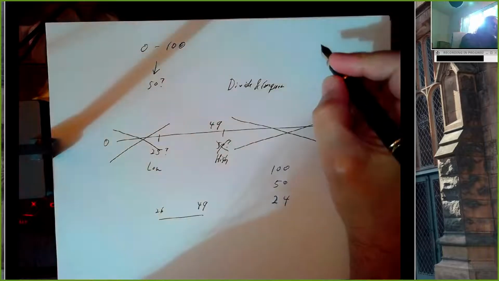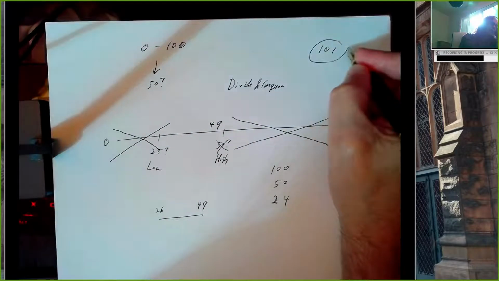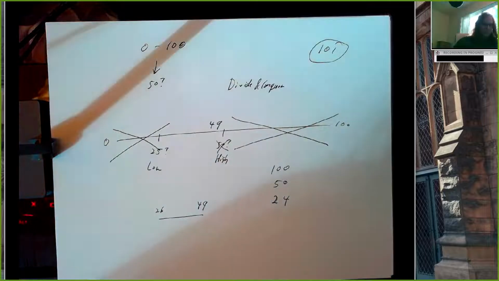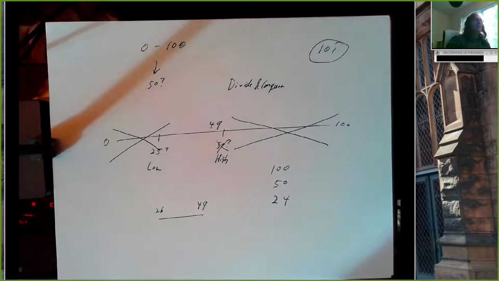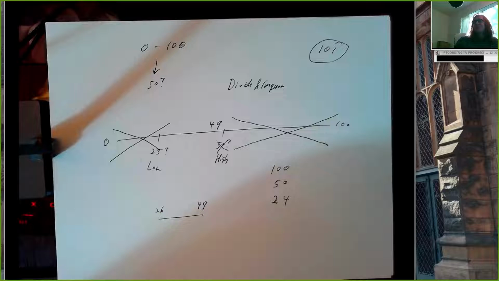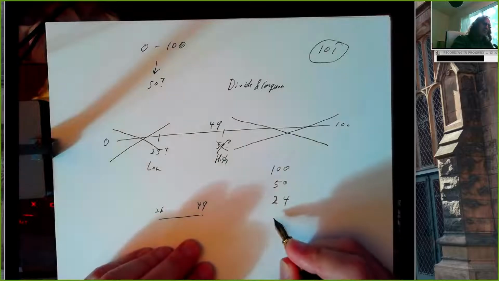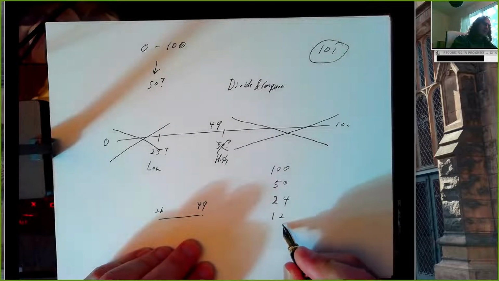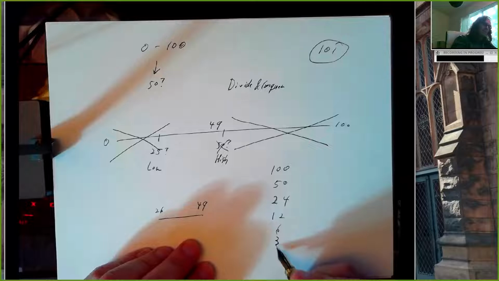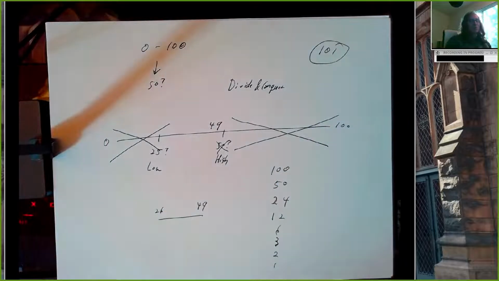And so if you start off with 101 possible answers, 0 through 100, and you keep cutting that in half, you can only cut it in half so many times until you get down to one possible answer. And so if you get down to 24 and you know, approximately 12, 6, 3, 2, 1, something like that.